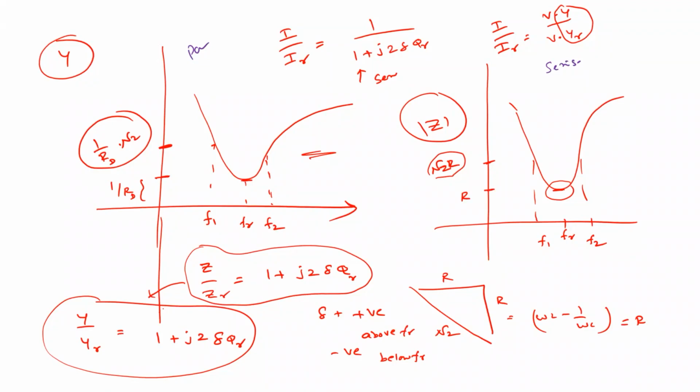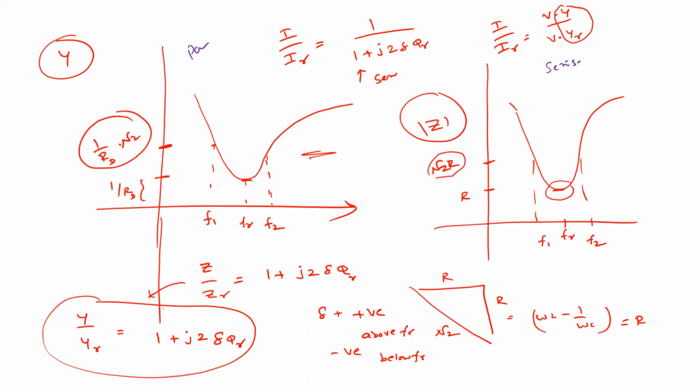So I think there is some mistake here. So this is Y by YR, right? So Y by YR is this much. Agree? 1 by 1 plus J into 2 delta QR.